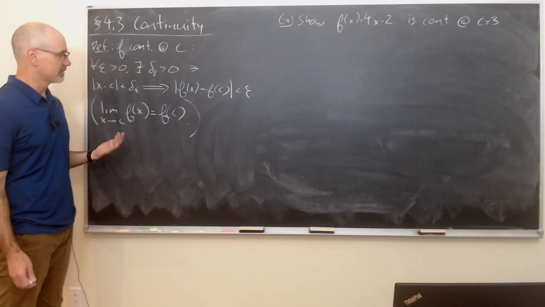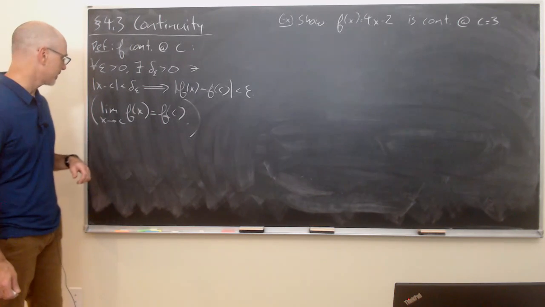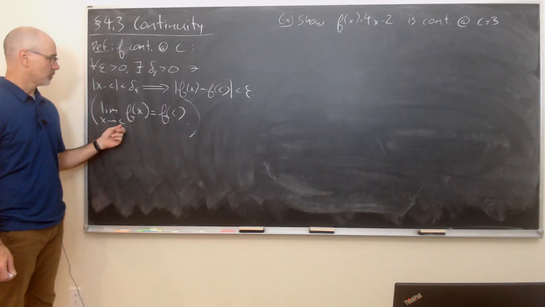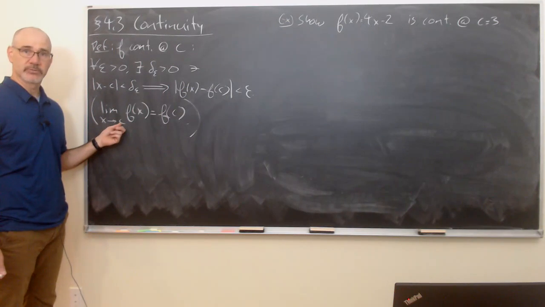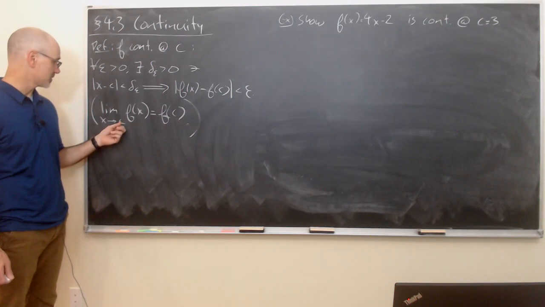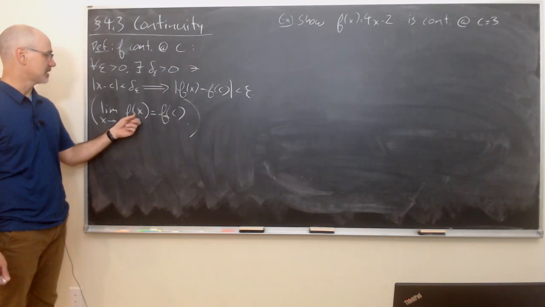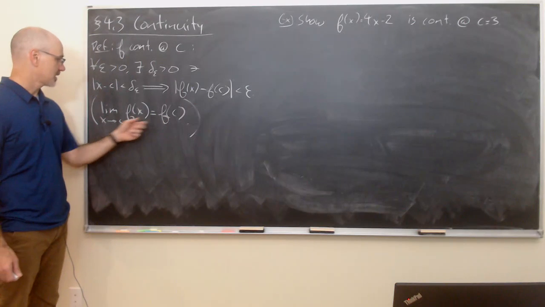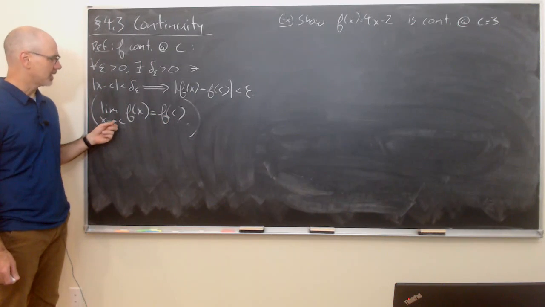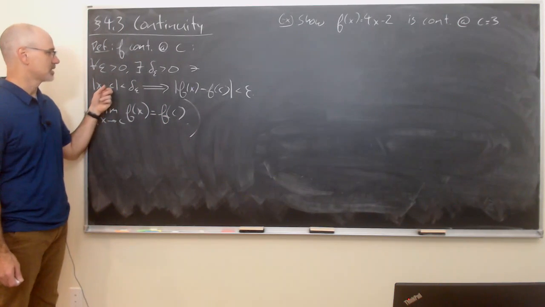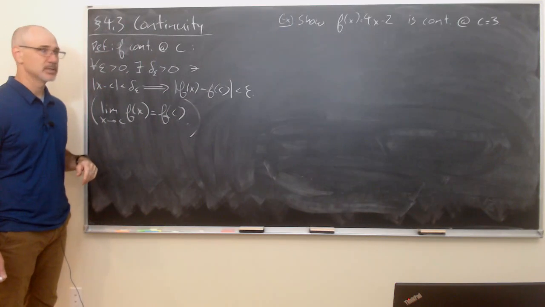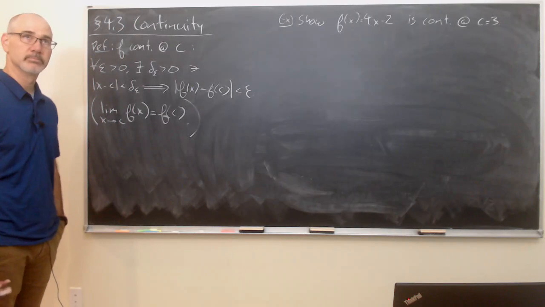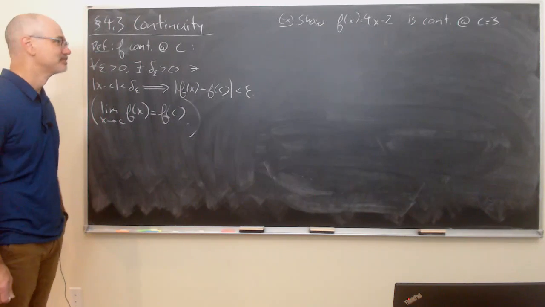And so we're often thinking of c as being a limit point of the domain, in which case we get the standard formulation from calculus that a function is continuous at c if the limit as x approaches c of f of x is the same as f of c. So this is how we think about continuity, really, but the definition has a couple of subtleties in it, even though we won't really discuss them very much past now.